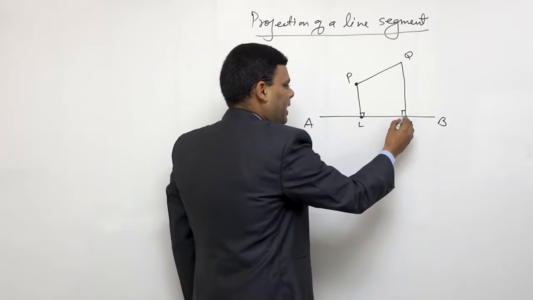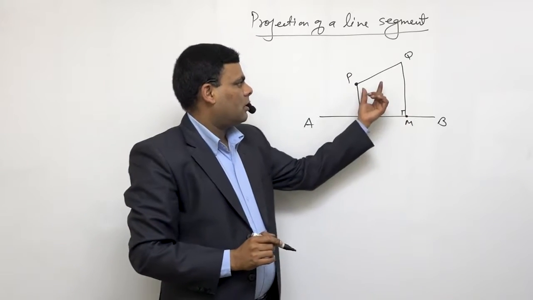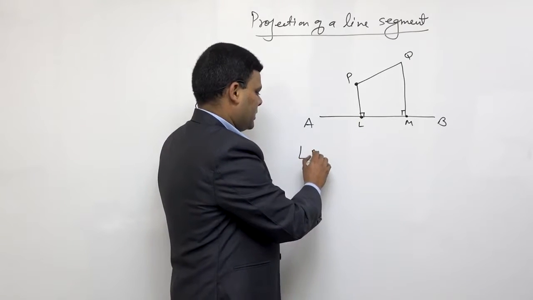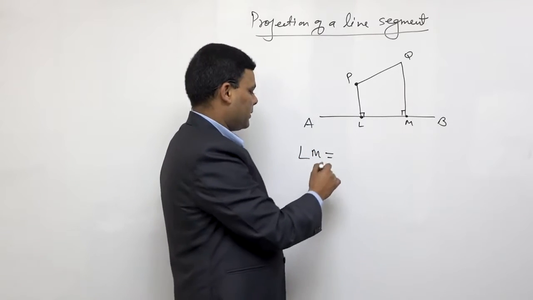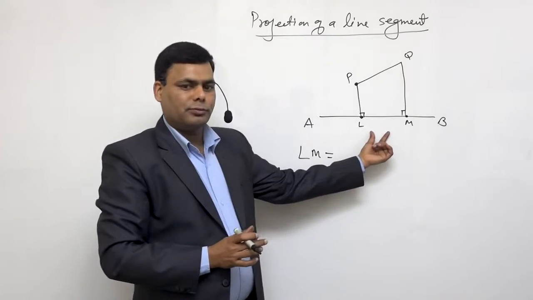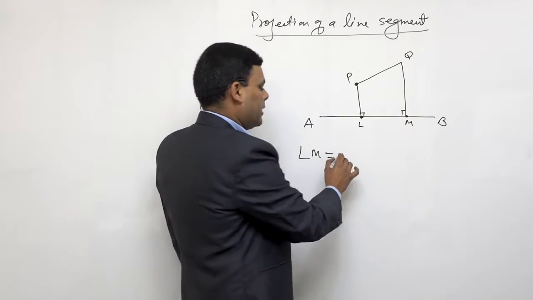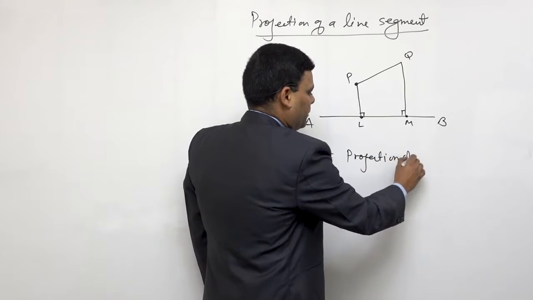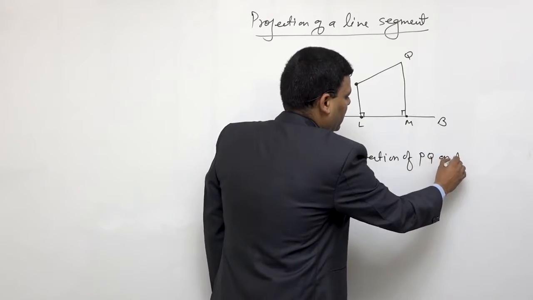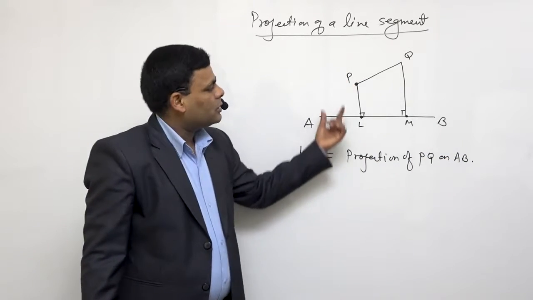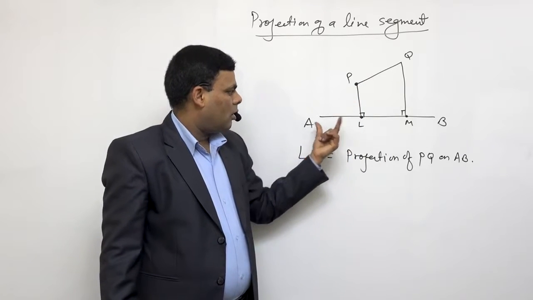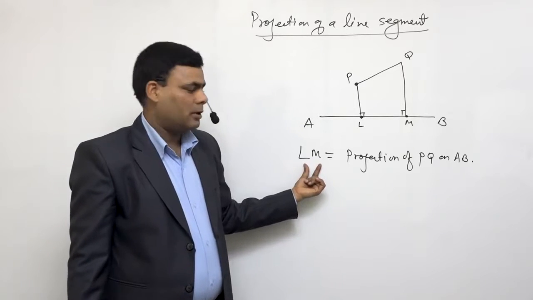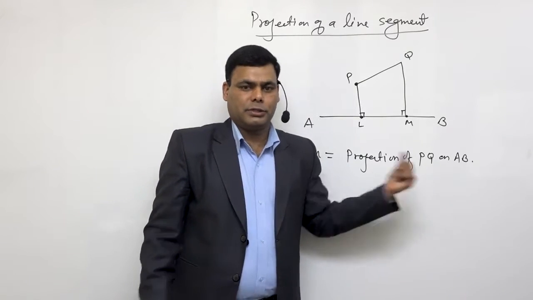And points L and M are the feet of perpendiculars of the points P and Q. Then this LM is the distance between two feet of perpendiculars. In this way LM equals projection of PQ on AB. Essentially projection of the line PQ on another given line AB is LM, which is in this way LM equals the projection of PQ on AB हुन्छ.